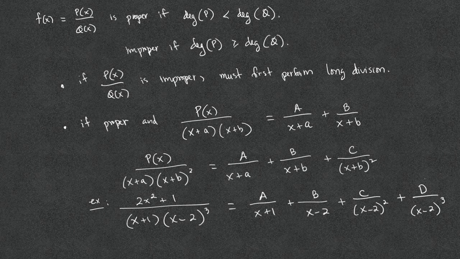Each time we increase the power of x - 2 by 1. Notice that there are four factors in the denominator. We then need four rational terms when we decompose this rational expression.